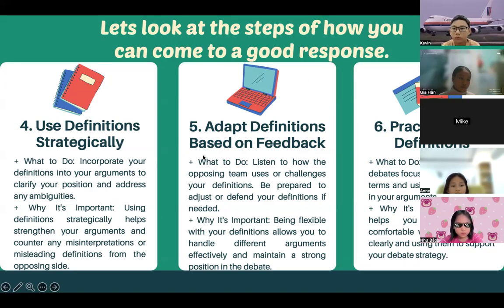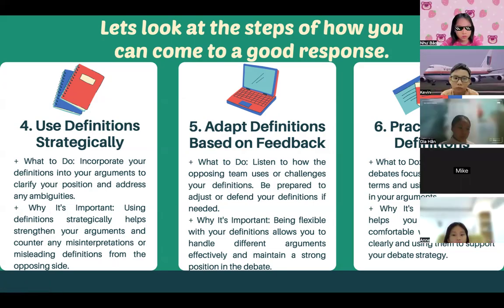I think number 5 fits with the opposition side, because the first side to give the definition is the prop side. So what the op side needs to do is, number 1, they can adapt to the other side's definitions, but number 2, they can disagree with the definition from the prop side, and then rebuild a new definition. So that is what number 5 means.